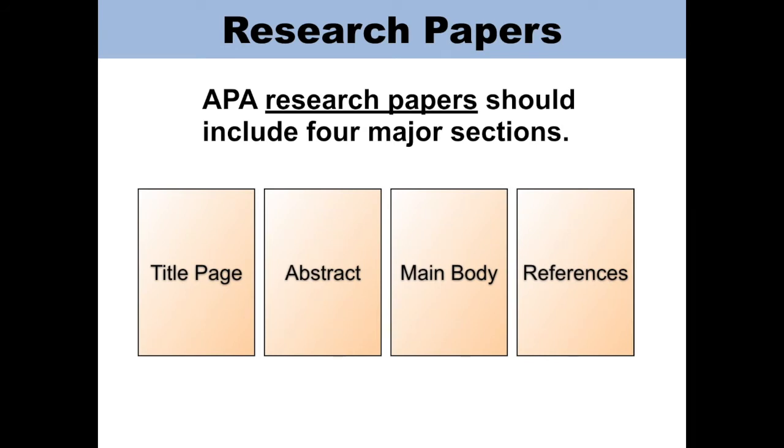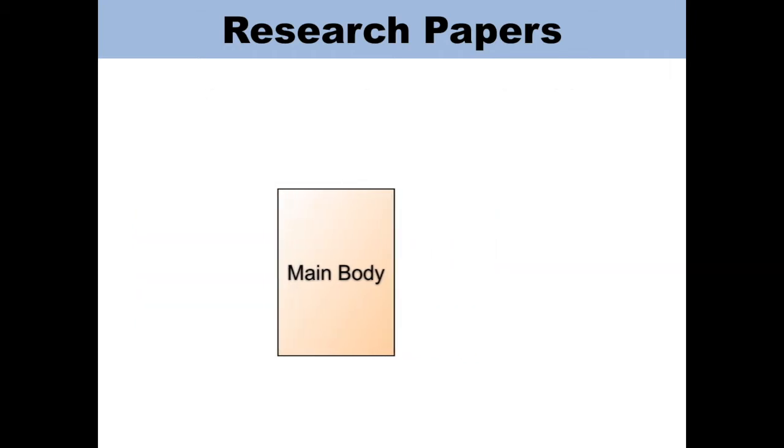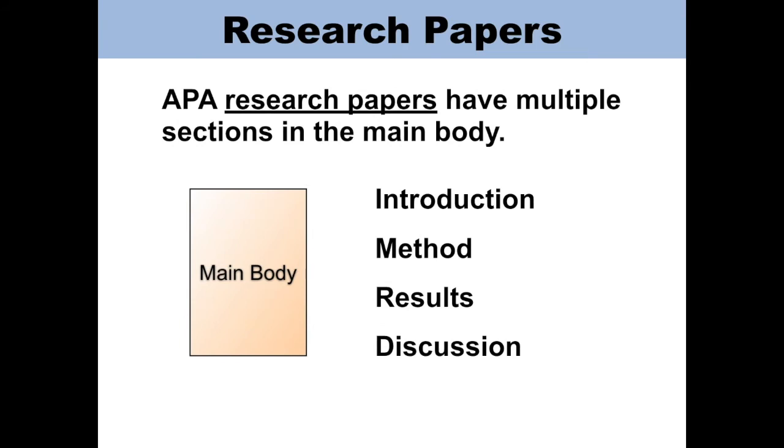Now, we've already seen that when it comes to a literature review, the main body is ultimately what we would consider to be an introduction for a research paper. And we can see how the main body is broken up when it comes to a research paper.